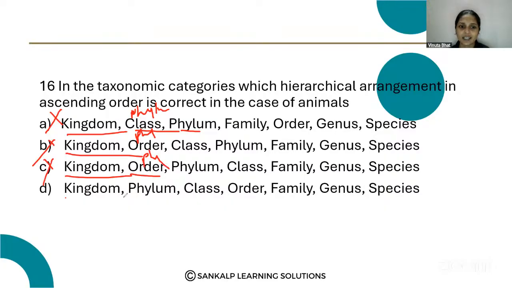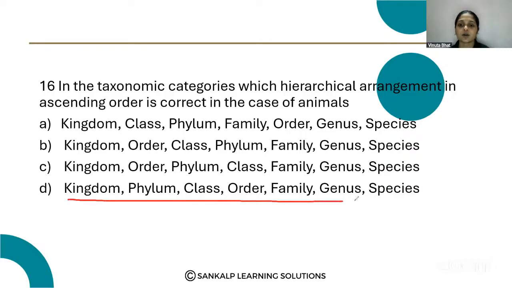Here kingdom, phylum, class, order, family, genus and species. So easily you can find this. No need to know all the 7 categories of taxonomy. If you know kingdom, after that phylum will come. So you can easily answer this question. So option D is the correct answer.